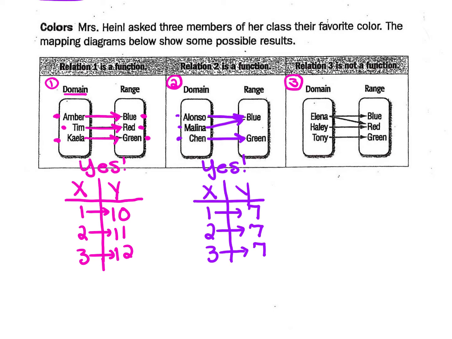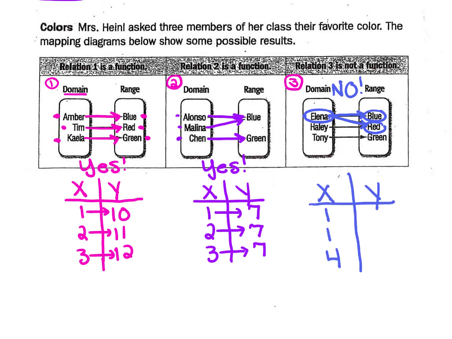However, let's look at case 3. Case 3 is not a function. If you ask student 1 their favorite color, they cannot have 2 favorite colors. You're only allowed 1 favorite. So, because there are 2 different outputs for this one input value, this is not a function. How does that look with a table of values?